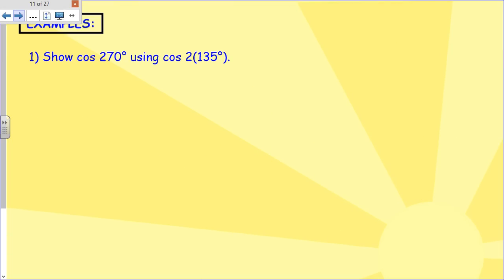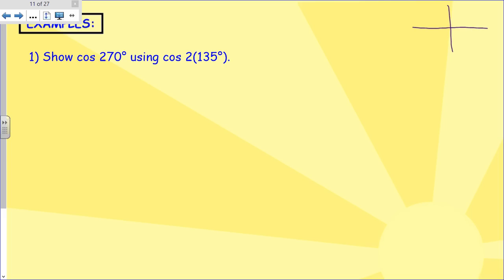Okay, so some examples. Show the cosine of 270 degrees using the cosine of 2 times 135 degrees. Well, in order to do this, we're going to actually need to draw our reference angle.